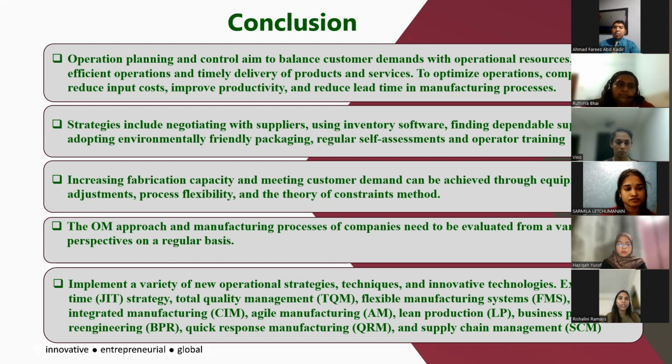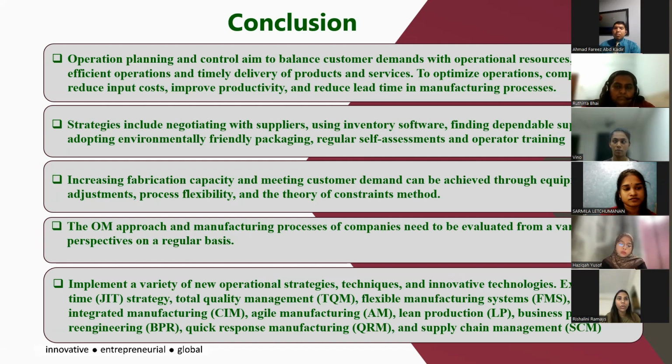So as a conclusion, the globalization of the market has made it necessary for business operations to adapt in order to remain competitive. So the OEM approach and manufacturing process of the company need to be evaluated from various perspectives on a regular basis.